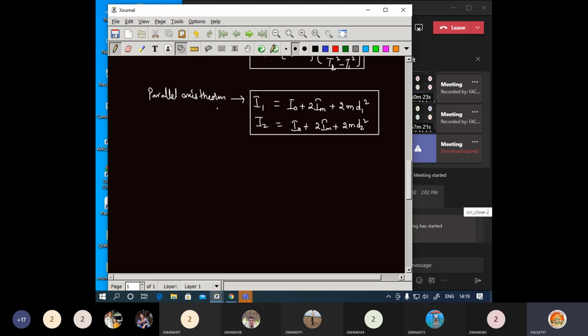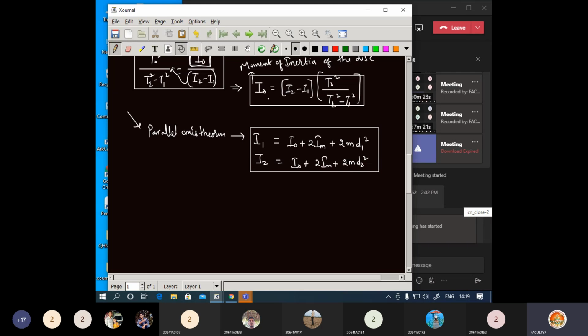So we are not going to derive anything, we are just extracting it from this theorem and we got the expressions here. Now you take I2 minus I1 using these two.